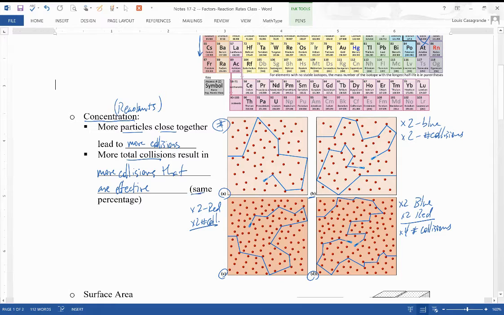But we have the same percentage of collisions that are effective. So if 20% of the collisions are effective before, 20% are effective after, it's just now we got 4 times the number of collisions if we have doubled everything. And so we're going to have a faster reaction just because of more collisions.